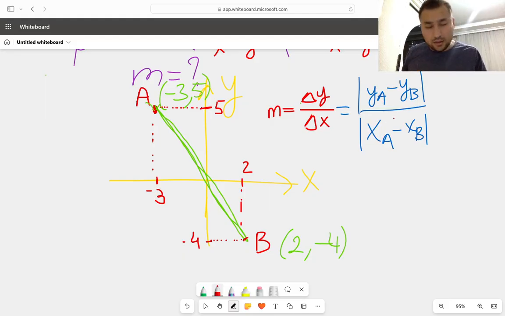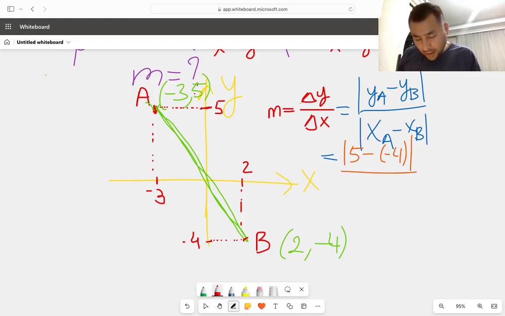Okay, let's move on. So what is ya? Ya, you see, it's 5. Take the absolute value. It is 5. Okay, so 5 and yb is minus 4. You see, 5 minus 4, absolute value.